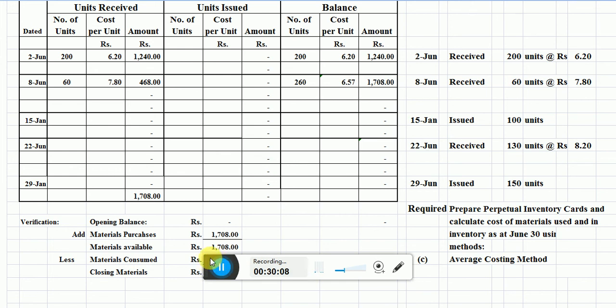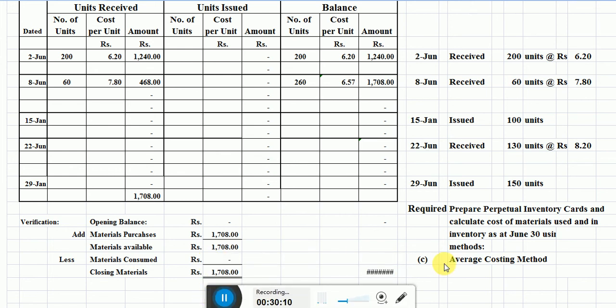Now students, on 15th June, 100 units were issued here. For this purpose, we have to move to the units issued column here. Now we easily take 100 units from the 260 units and take the same average cost here.